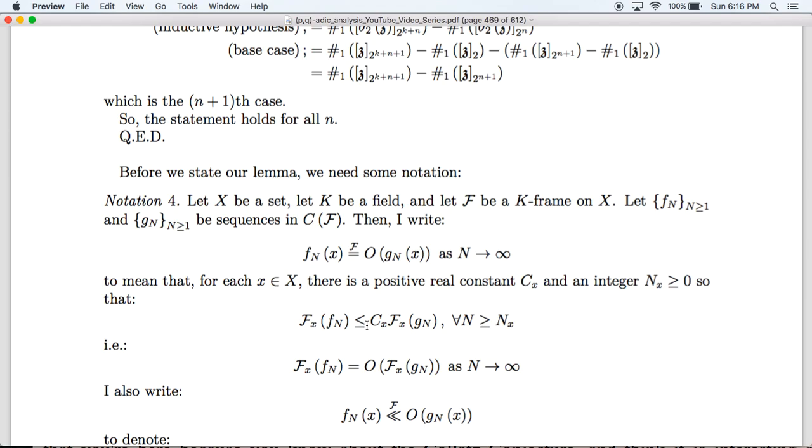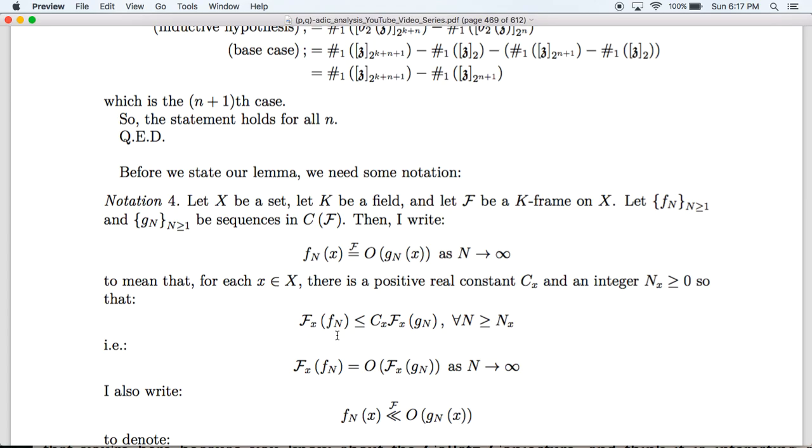In other words, like for the simple 2q-adic frame, this would mean that the q-adic absolute value of f_n at a z with infinitely many digits is less than or equal to the q-adic absolute value of g_n at that same z times the constant, where the constant is allowed to depend on z.